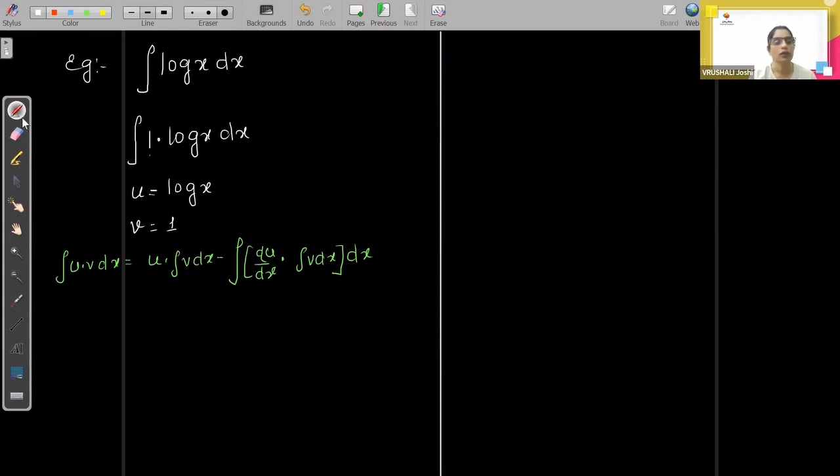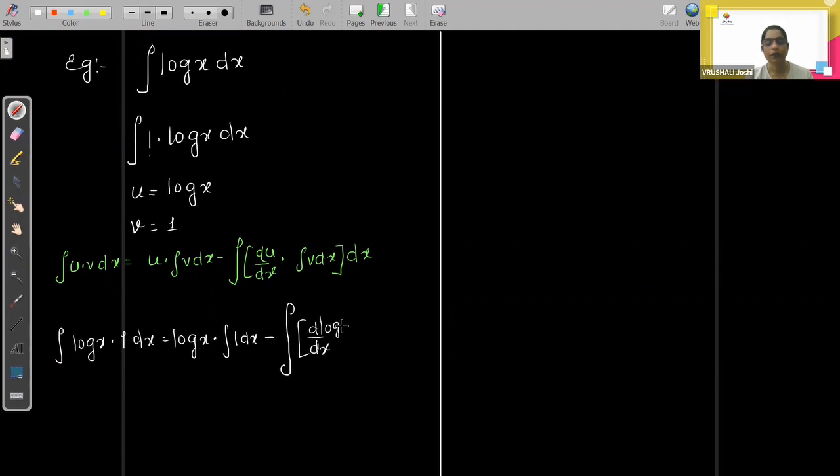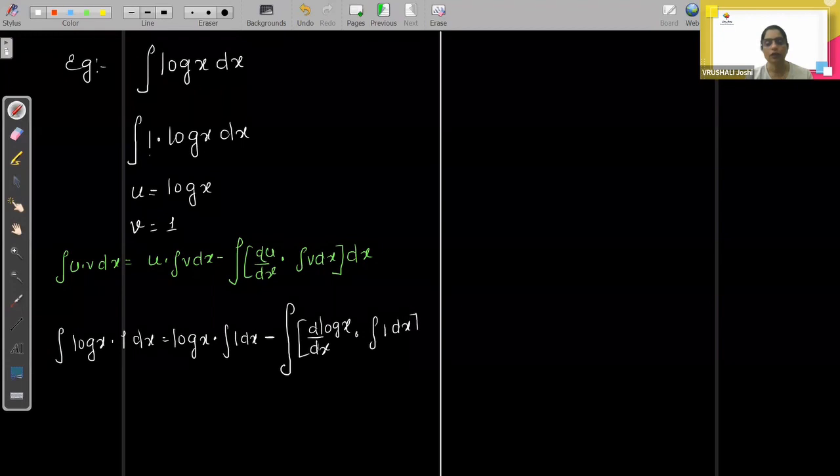So what are we going to do here? Since we are taking 1 as v, I'm going to write down this as integration of log x into 1 dx is equal to first function as it is into integration of second function, minus the whole integration of derivative of first function into integration of second function, the whole dx.